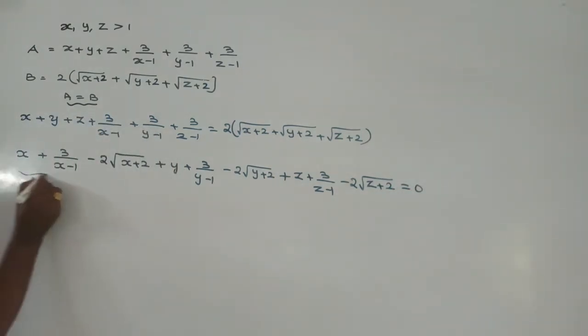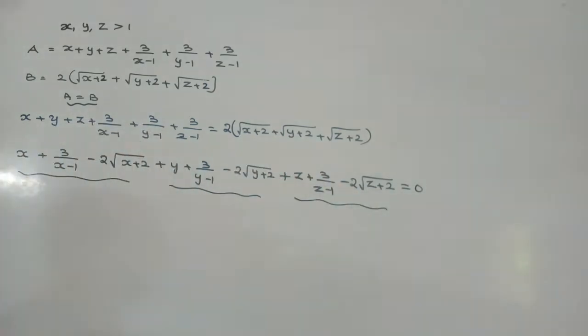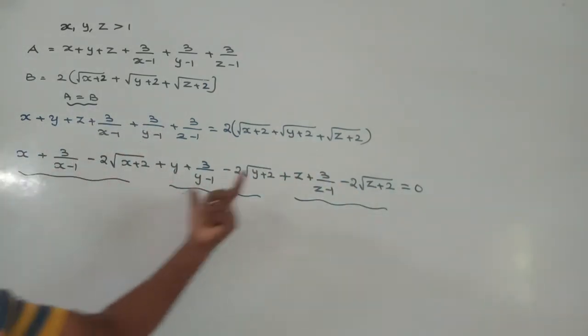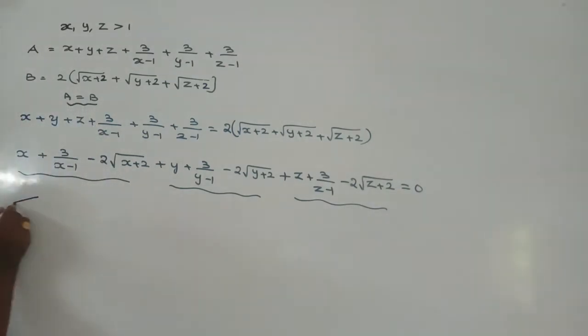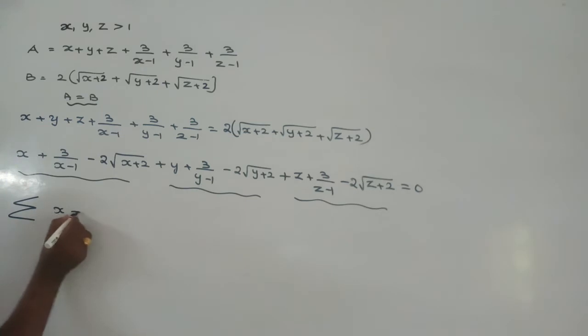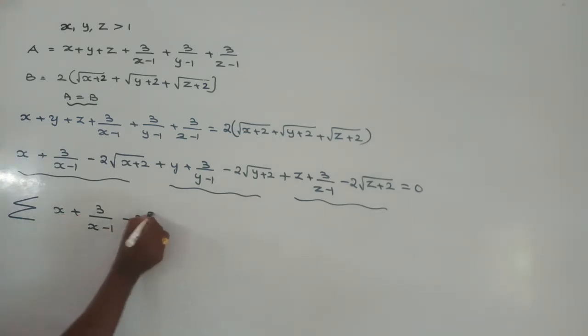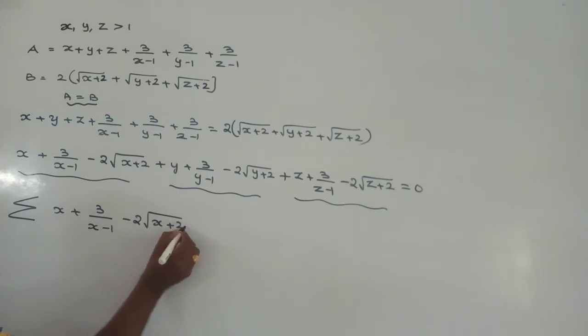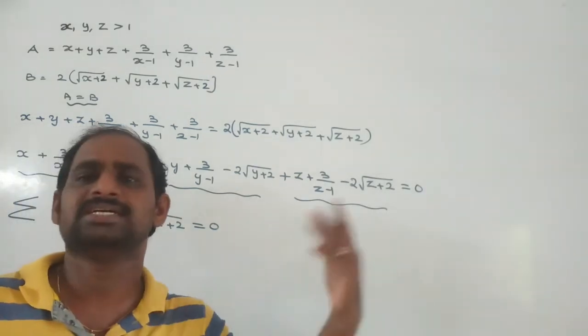Now observe all the terms. All the three terms in x, y, z are the same. So simply we can write sigma of x plus 3 by x minus 1 minus 2 into root x plus 2 equal to 0, where sigma is applicable for x, y, z.